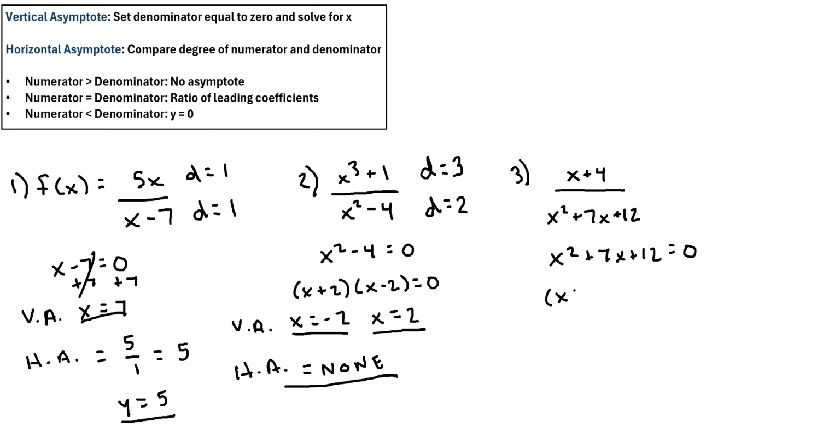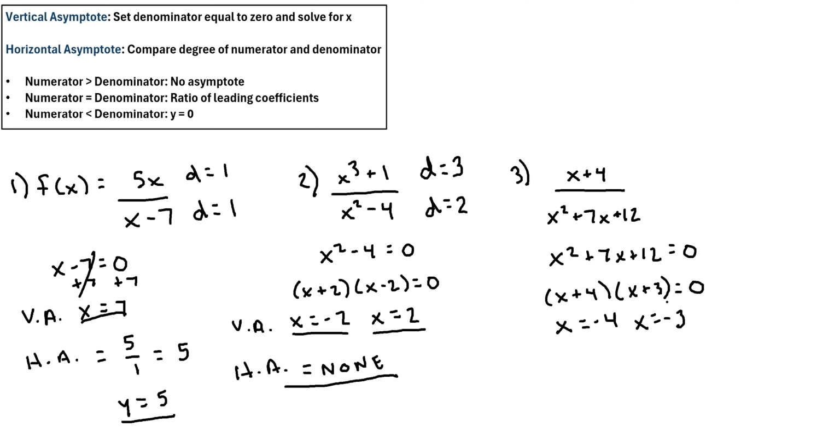So that would be x plus 4, x plus 3, because 4 times 3 is 12, and 4 plus 3 is 7. So then we set that equal to 0, and we say what values of x would make this left-hand side equal to 0? Well, we can see that would be x is negative 4, or x is negative 3.